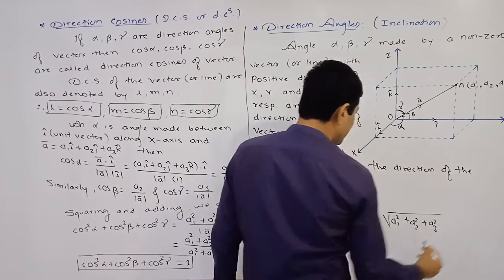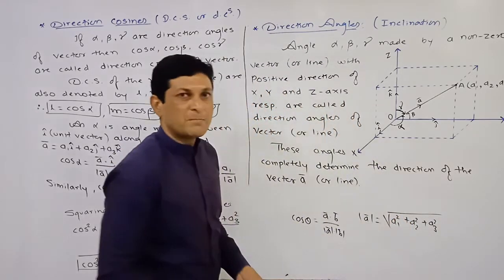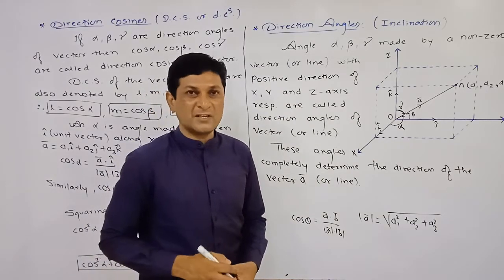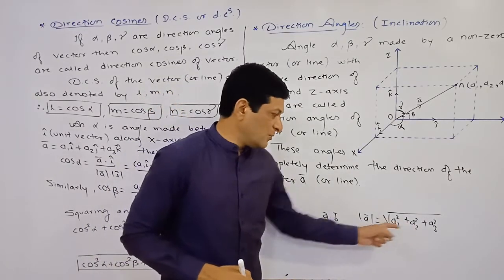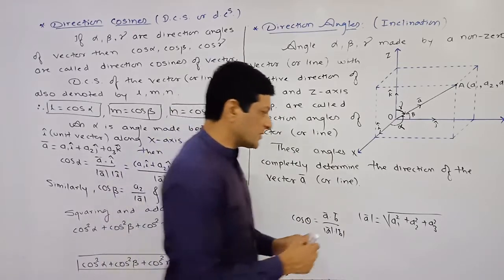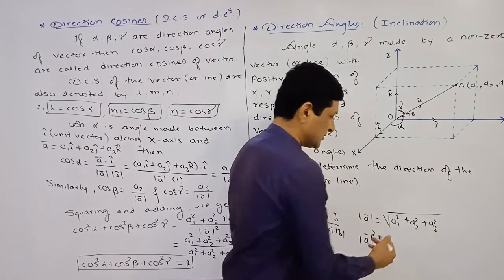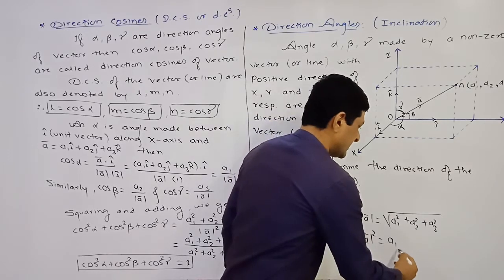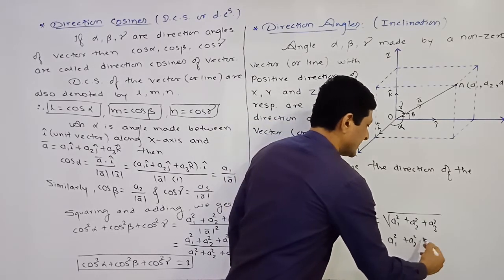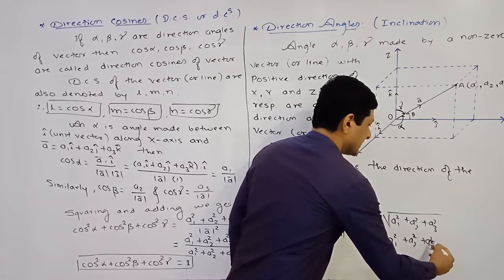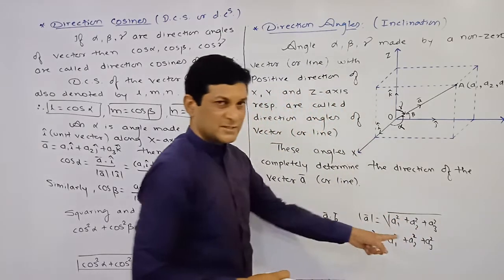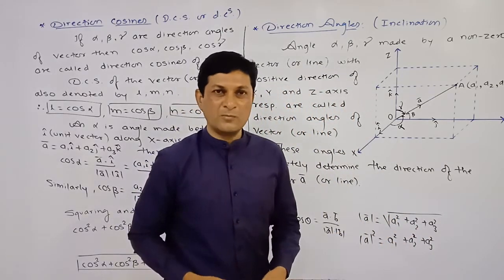This is the magnitude of the vector a bar. If we square both sides, the magnitude of a bar squared will be equal to a1 square plus a2 square plus a3 square. The square root gets eliminated since we are simply taking the square on both sides.